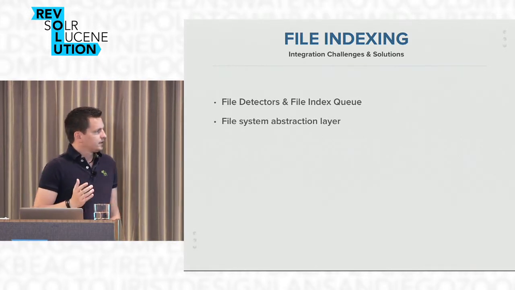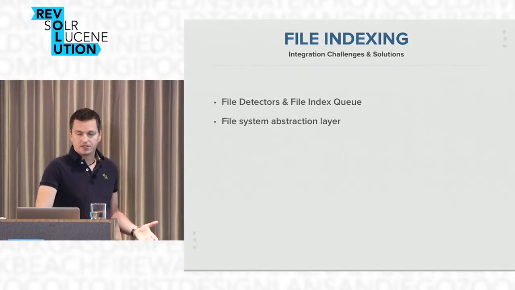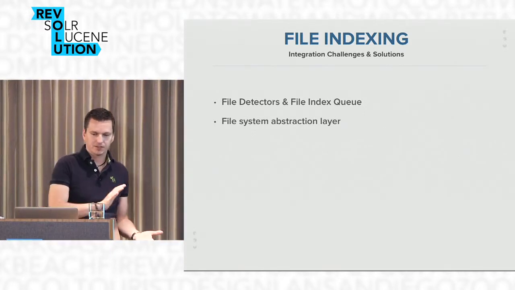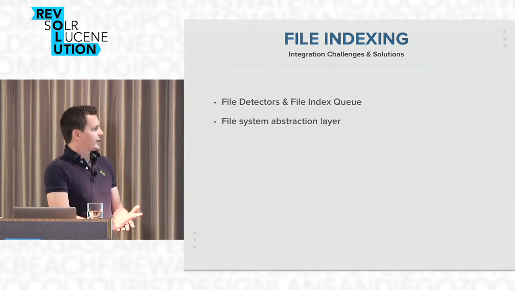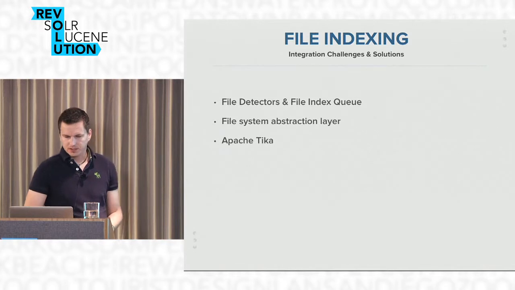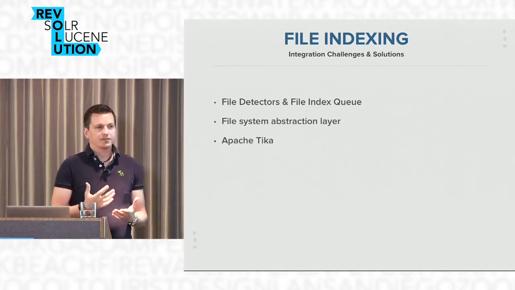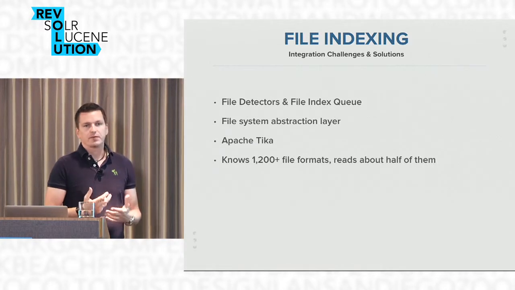And I said we had an issue with reading the actual file content. How did we do that? And this is basically where Apache Tika comes into play. It's really cool. It knows about 1,200 file formats, so it can identify them, and half of them can be read.